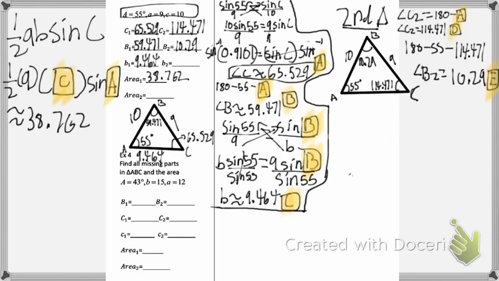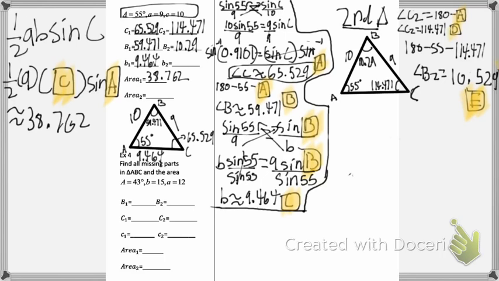And this is supposed to be 10.529. So that equals E. So let's erase it over here.